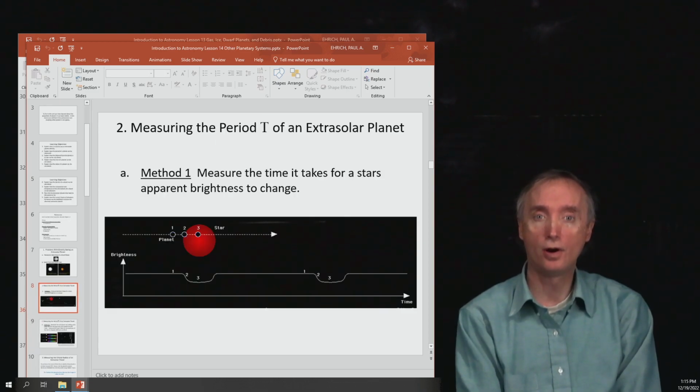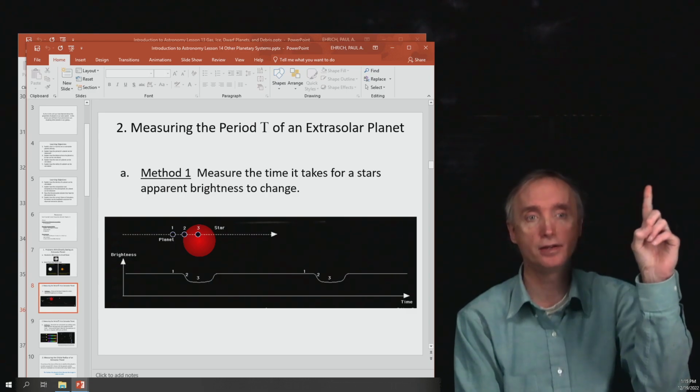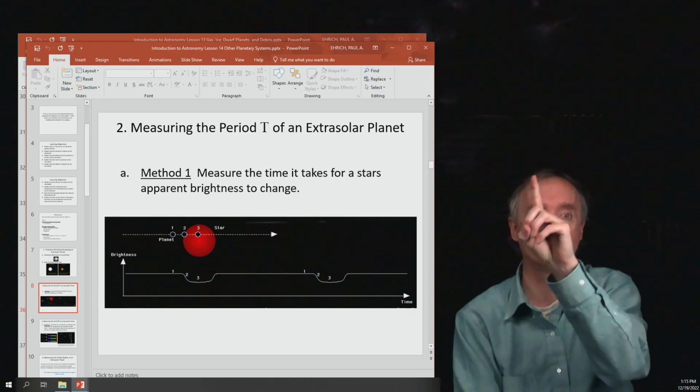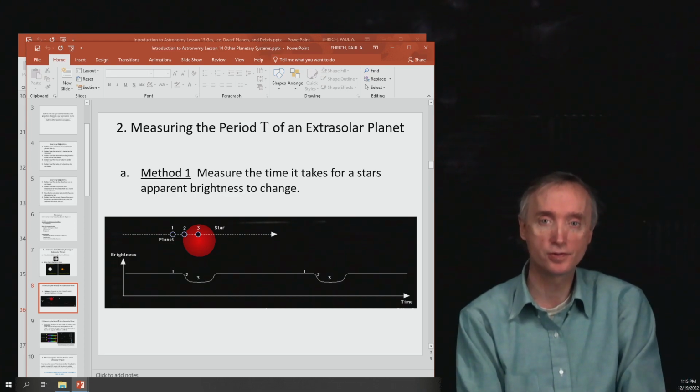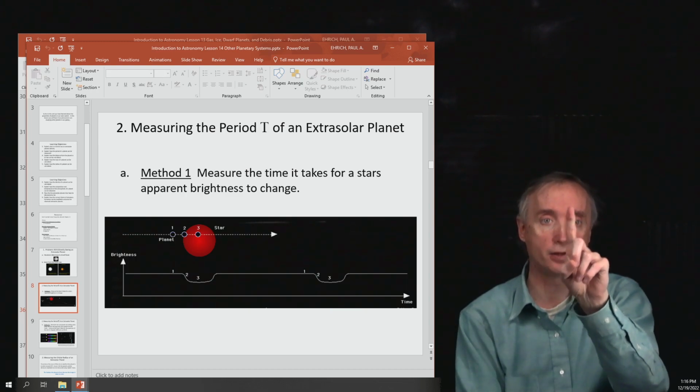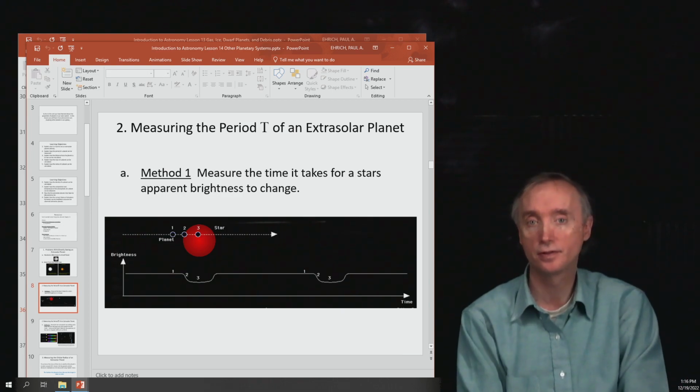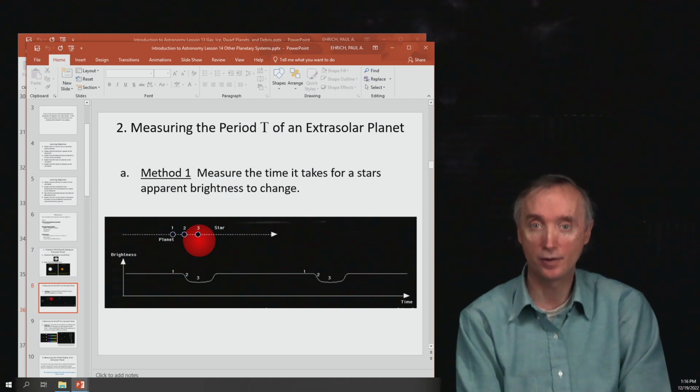All right, now how are we going to measure the time it takes for a planet to go around its star? The first method is by using a transit. This is called a transit when the planet goes in front of its star. What that's going to do is make the brightness of the star get dimmer.